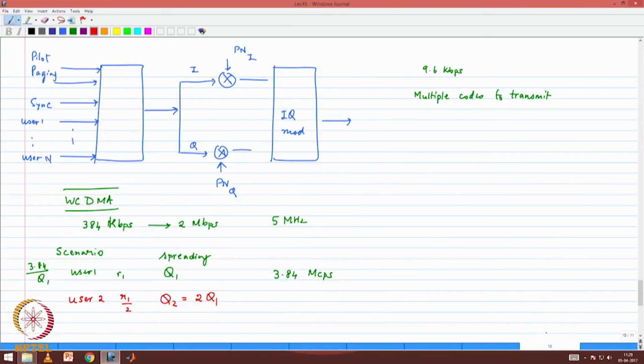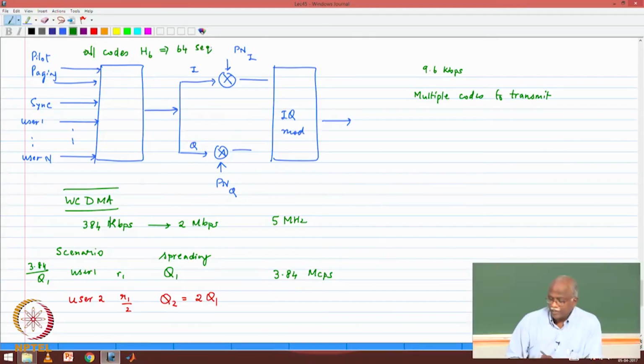Wideband CDMA has the following difference with respect to CDMA 2000: all the spreading codes for CDMA 2000 are from Walsh-Hadamard, I think I used the notation H6, which means they are length 64 sequences, all of them.